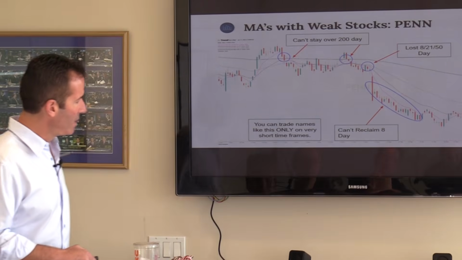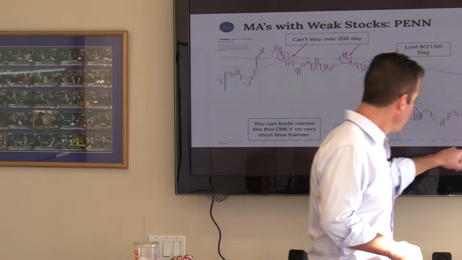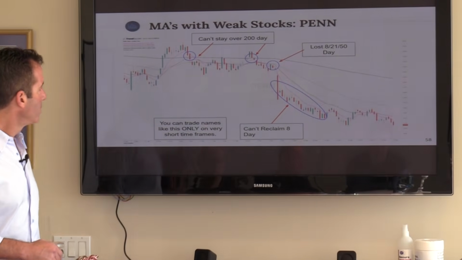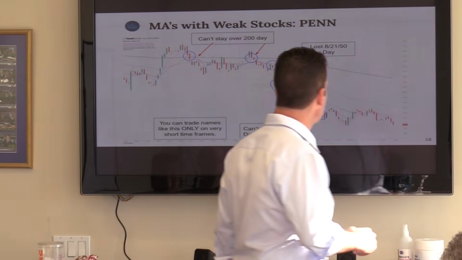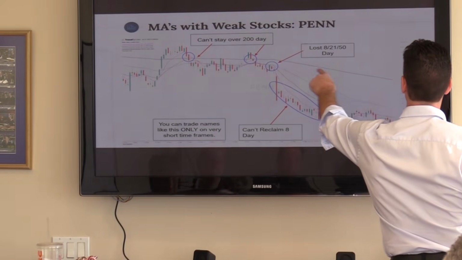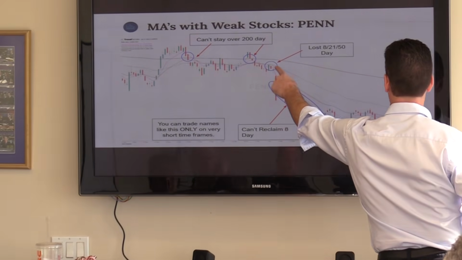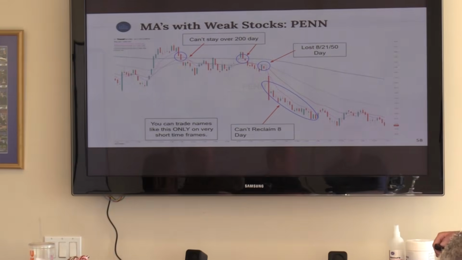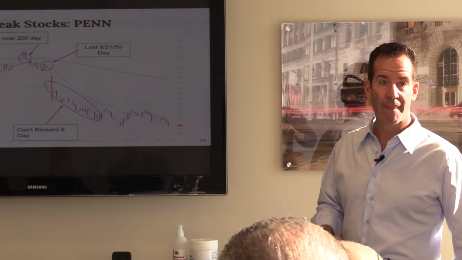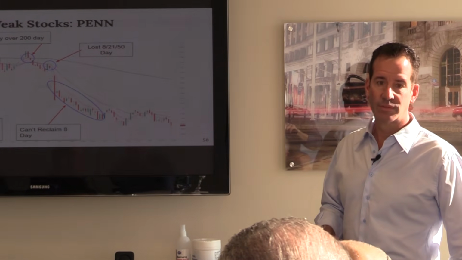And now I don't even know what Penn is now. Where is it now? 40? Where is Penn right now? Check it. It's about 40. This was 70. This was a 72 when it broke trend. The bottom during March 2020 was like $4, and it went up to like 140 or something. Now it's down to 40.